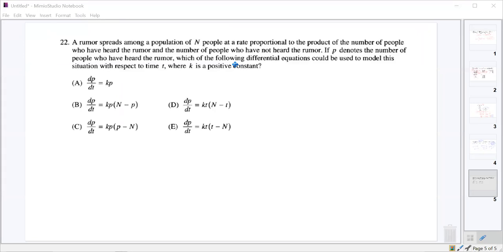A rumor spreads among a population of n people at a rate proportional to the product of the number of people who have heard the rumor and the number of people who have not heard the rumor. So n is the total people.